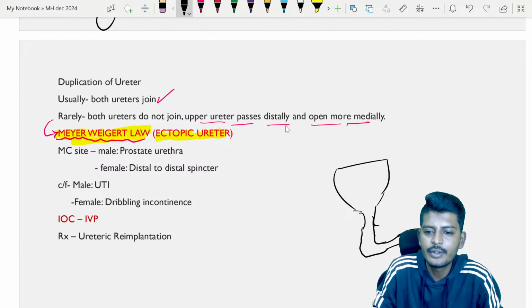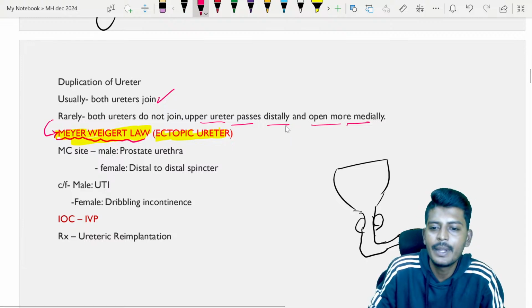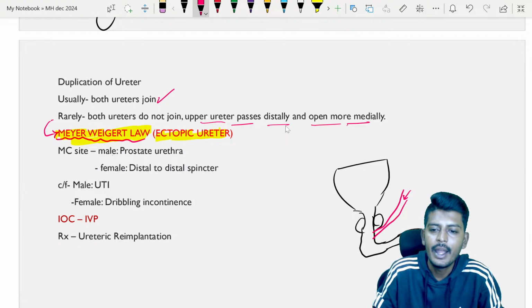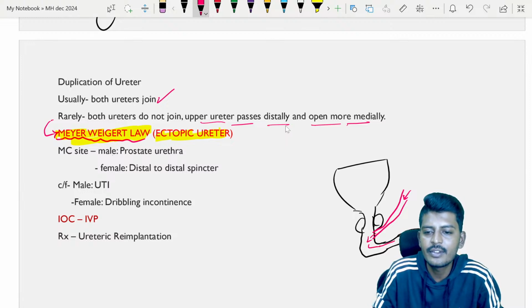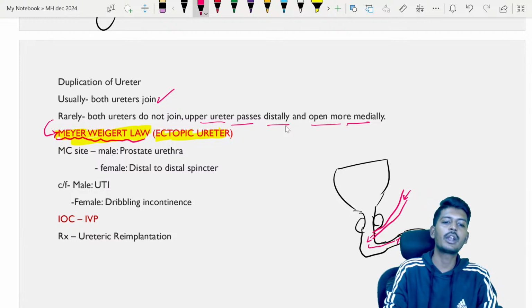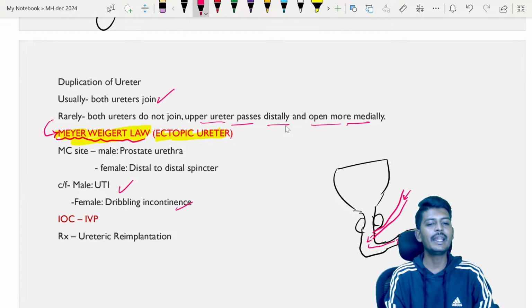At the level of the prostatic urethra, the extra ureter will come and innervate. Once it does, it continuously brings the urine and urine will start flowing. So that will lead to continuous dribbling incontinence. In the male, if it is in the prostatic urethra, it is more commonly prone to UTI; in the female it will be dribbling incontinence.